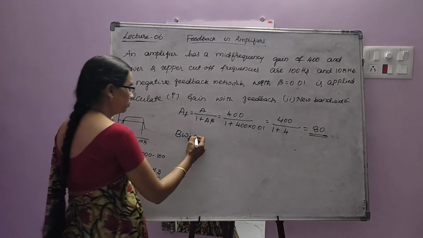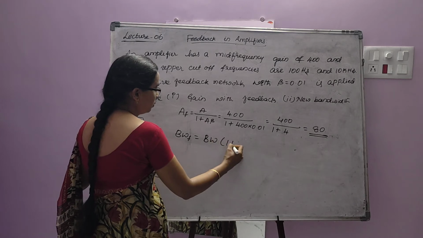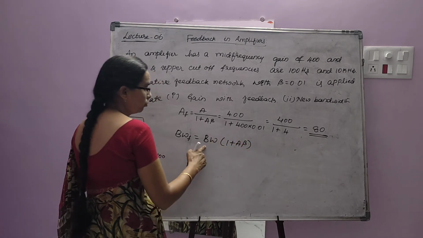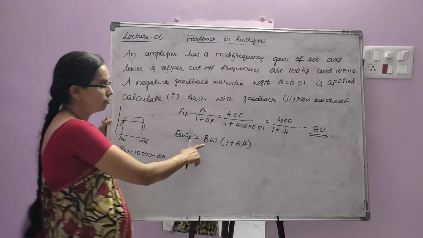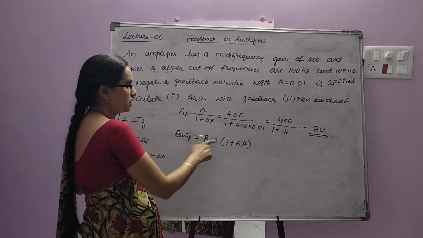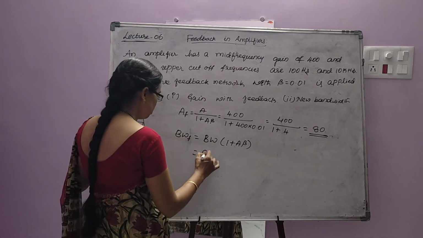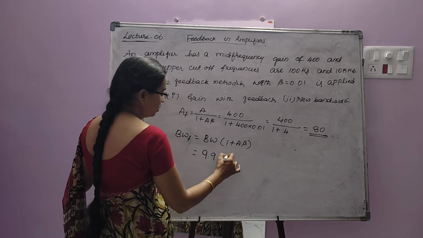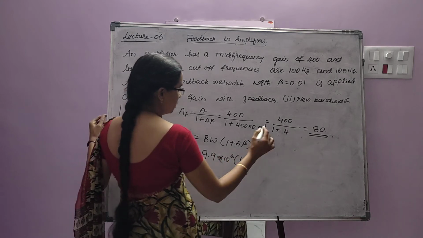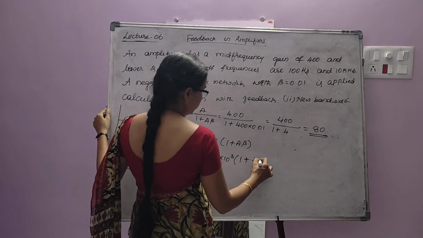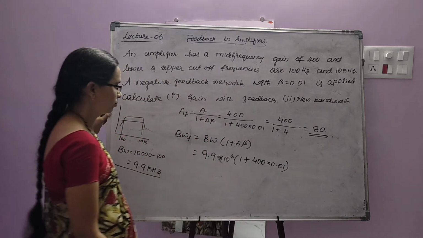And the bandwidth with feedback increases by the factor 1 plus A beta, so increases in the sense you should multiply with that factor. So that is bandwidth without feedback, 9.9 kilohertz, into 1 plus A beta, 400 into 0.01, that will be 5.